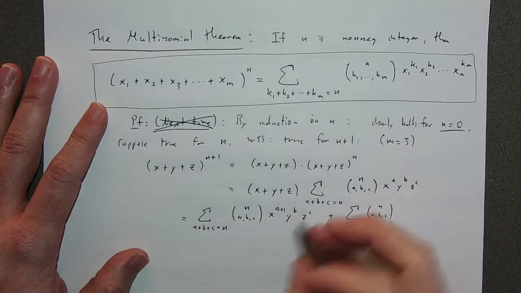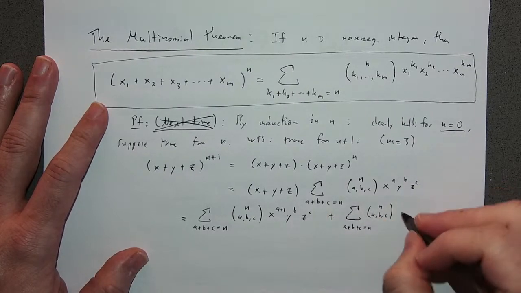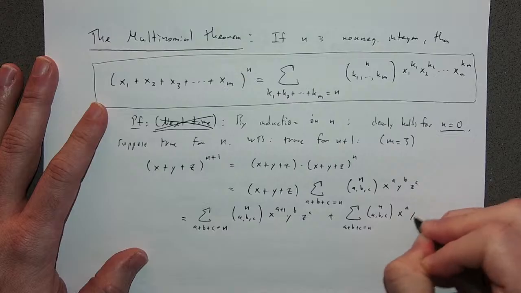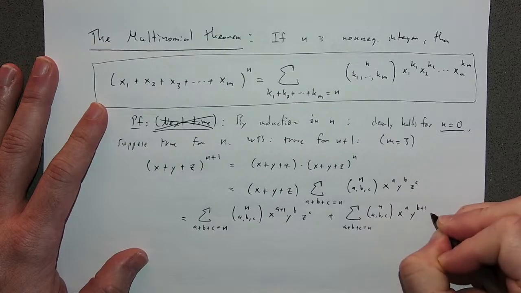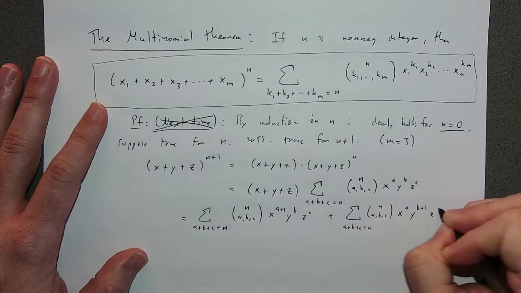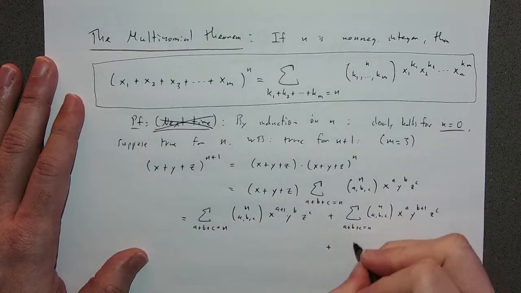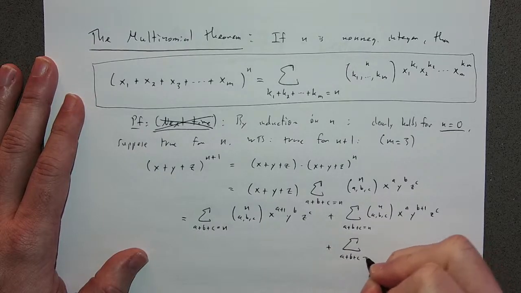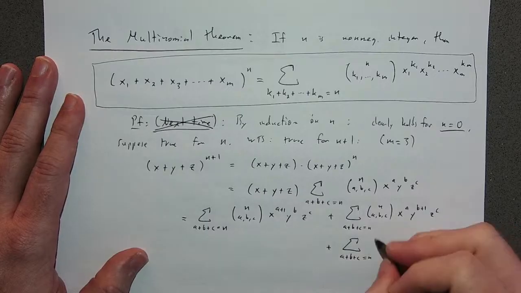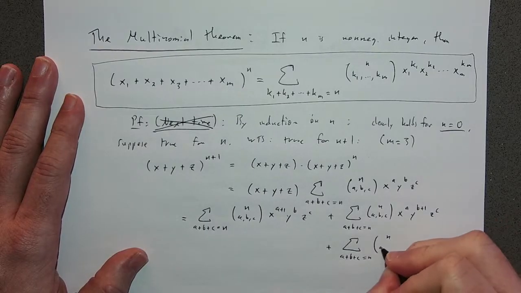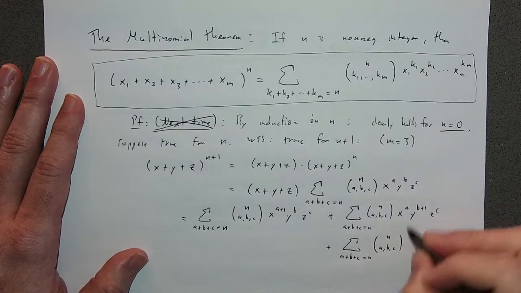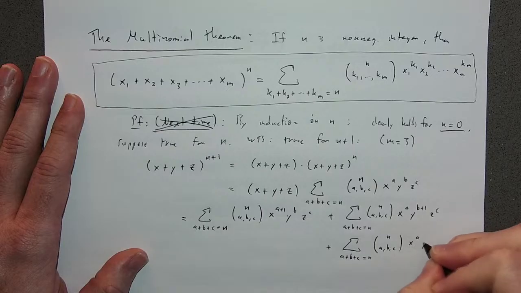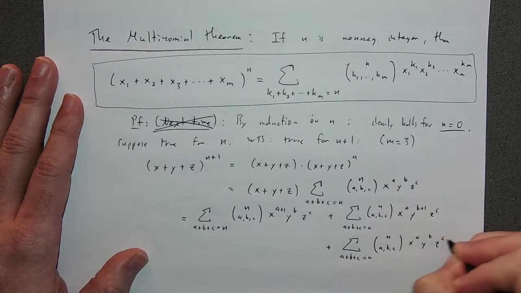Here, y is going to be the one that gets incremented. So this is x to the a, y to the b plus 1, and z to the c, plus one more term. Again, sum over integers a, b, c, such that a plus b plus c is equal to n, n choose a, b, c, x to the a, y to the b, and now it's z to the c plus 1.